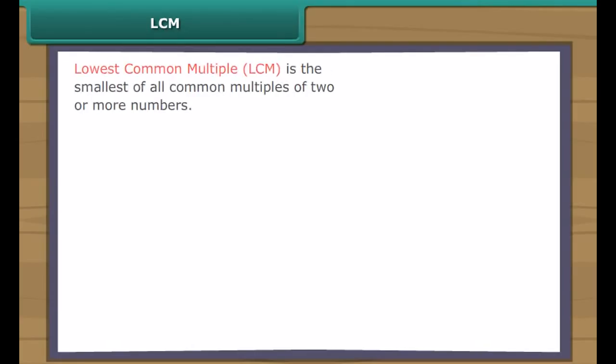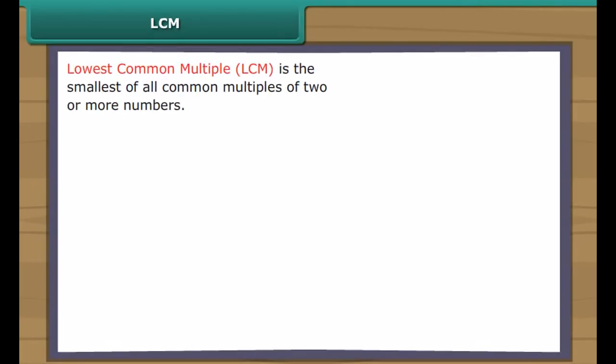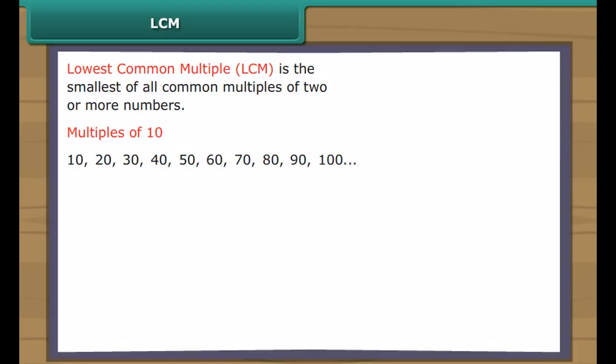LCM. Lowest common multiple, or LCM, is the smallest of all common multiples of two or more numbers. Let us identify the LCM of 10, 20 and 25. Multiples of 10 are 10, 20, 30, 40, 50, 60, 70, 80, 90, 100 and so on.